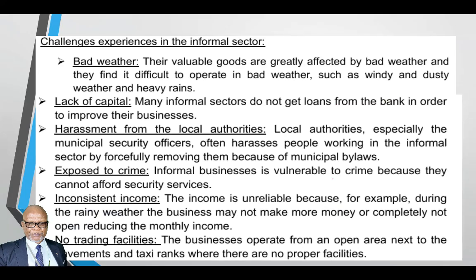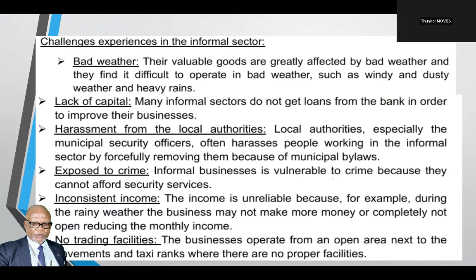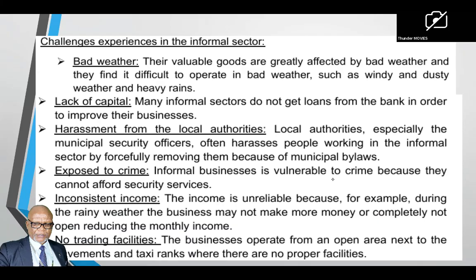What are the challenges that people who work in the informal sector face? Number one, bad weather. Once the weather is bad, because they don't have infrastructure to work in, they cannot work. Their work is influenced by weather.